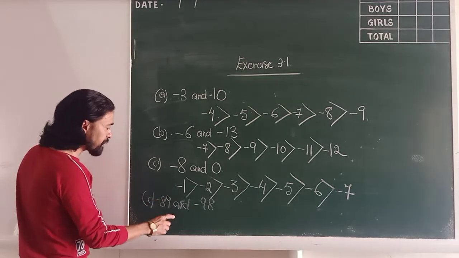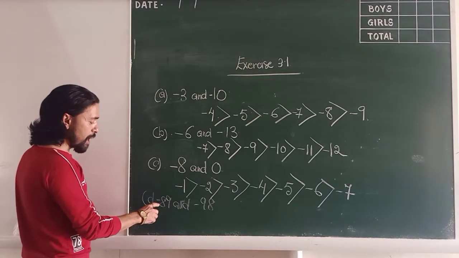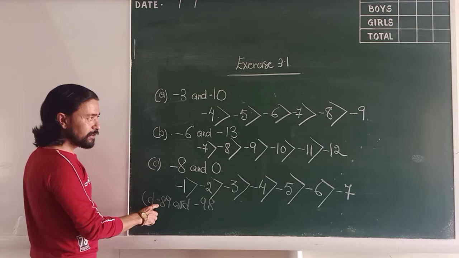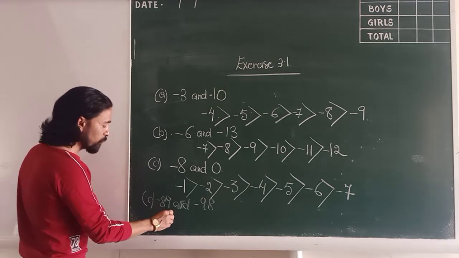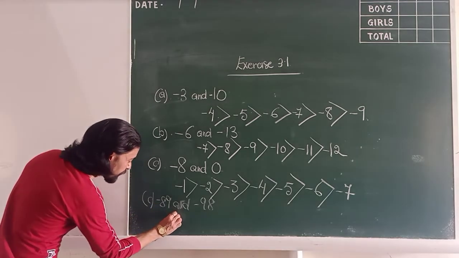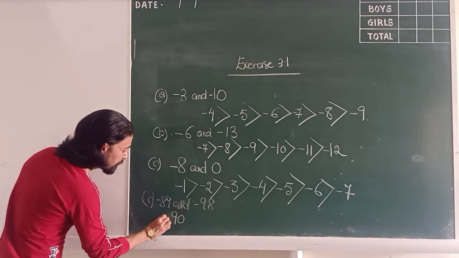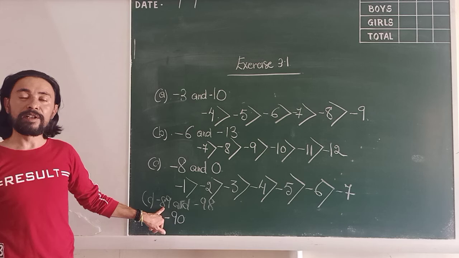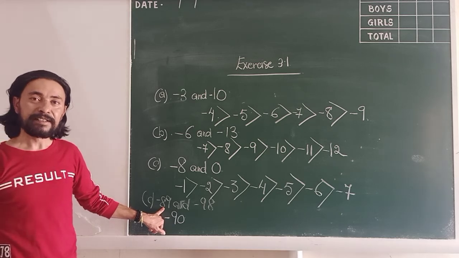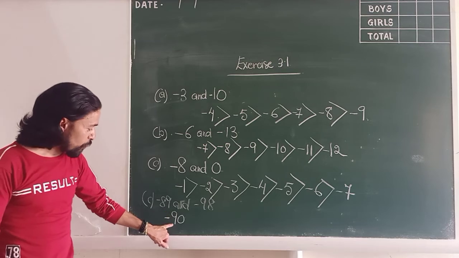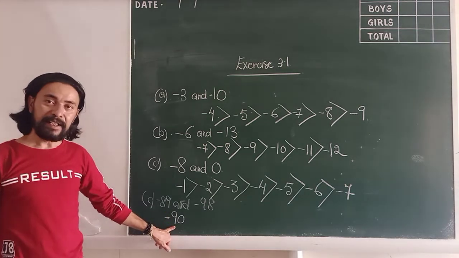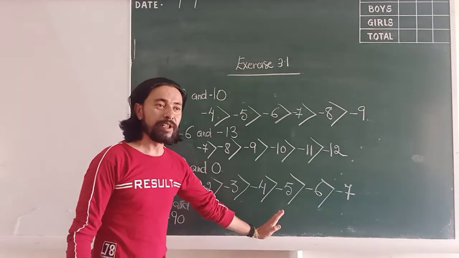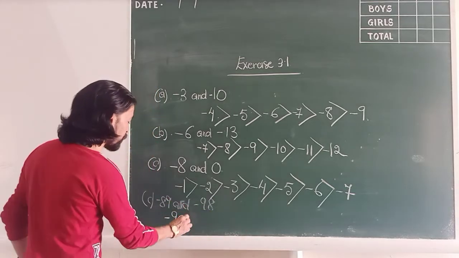So the next number after minus 89 will be minus 90, because minus 90 is smaller than minus 89. So minus 90, and now the value goes on decreasing as I increase the number.